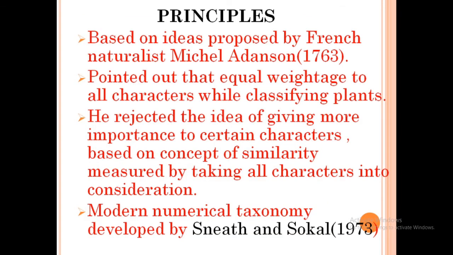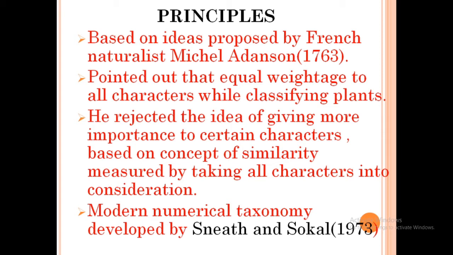Now, what are the principles of numerical taxonomy? I already told you this was proposed by Michael Adanson, and here equal weightage is given to all characters while classifying a plant. They rejected the idea of giving more importance to certain characters.